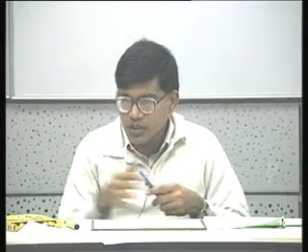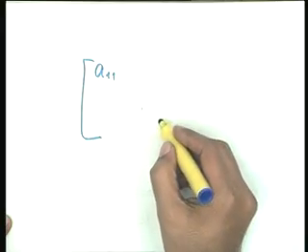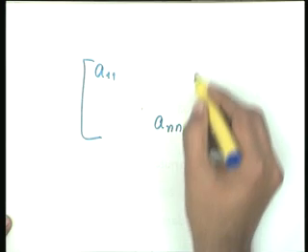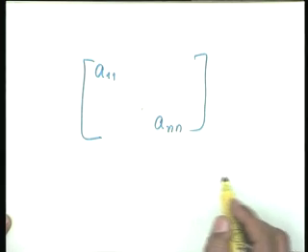For example, a 2-dimensional array could be represented either in row major order or column major order. By row major order, what do I mean? I think you must have all studied that in data structures, but if you have a matrix of this form, A11 to ANN, a 2-dimensional matrix is going to be represented linearly in memory.